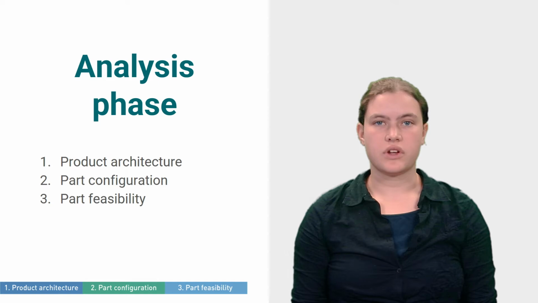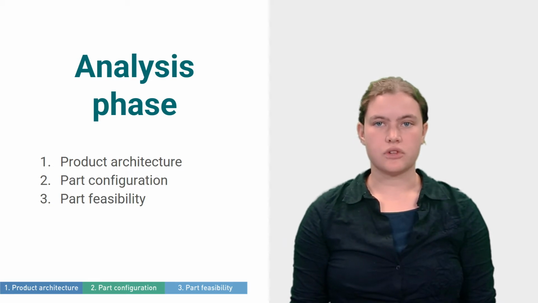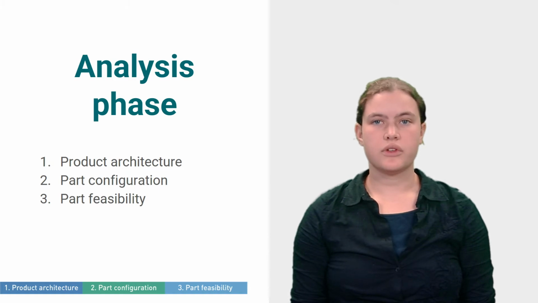The part configuration is about the part itself. What shapes does your part have and what part characteristics are important? The part feasibility is about whether you can 3D print your part. After you're done analyzing, you will be able to see if you can recreate your part with 3D printing.